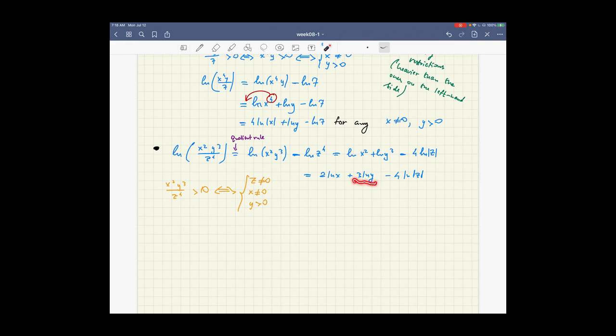This is fine because y is required to be positive. Let me just write here that I used the quotient rule plus product rule plus power rule. And here I used the power rule. But I absolutely need to say that x is taken by absolute value.